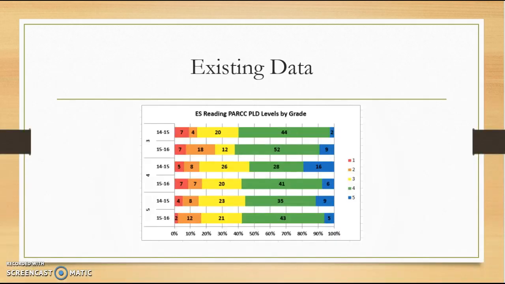So for Amber's class, this was the existing data. Fourth grade, right here. Basically, she wanted to move some of the yellow to the green, 60% of it, to get into the 70% range.